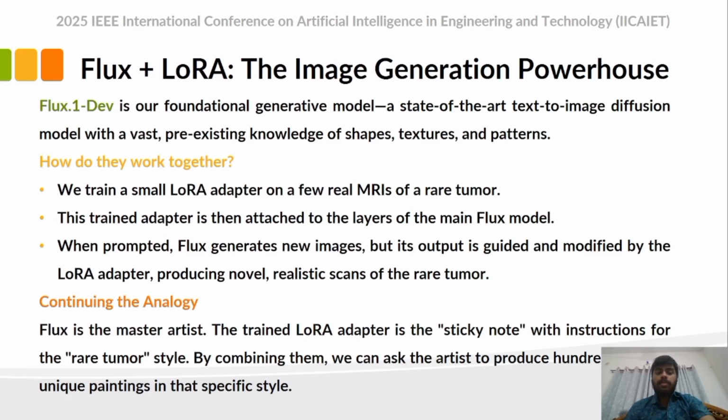This adapter becomes our sticky note with instructions. Then we attach this trained adapter to the main model. The FLUX model follows the instructions on the LoRA sticky note and produces hundreds of new realistic images of that specific rare tumor. This gives us the power of a huge model at a very low cost.